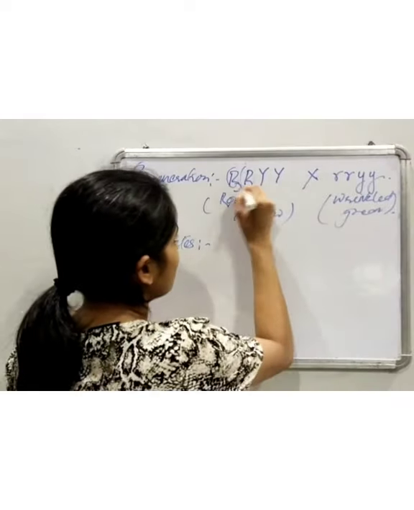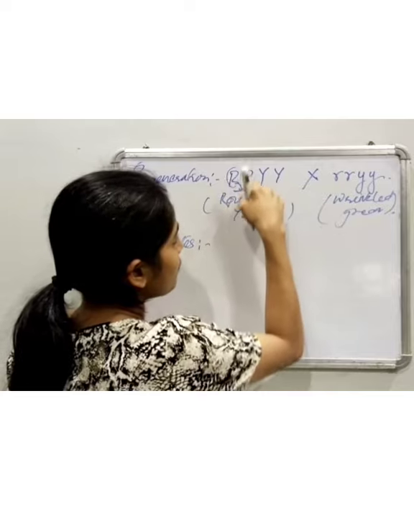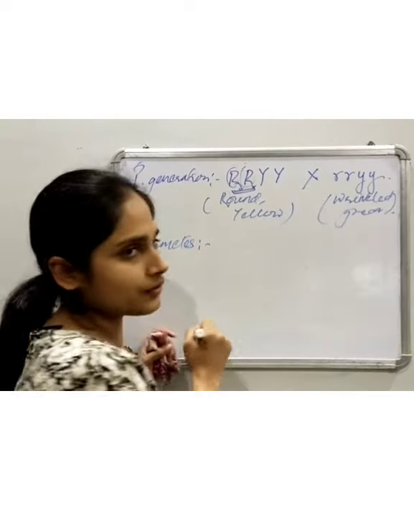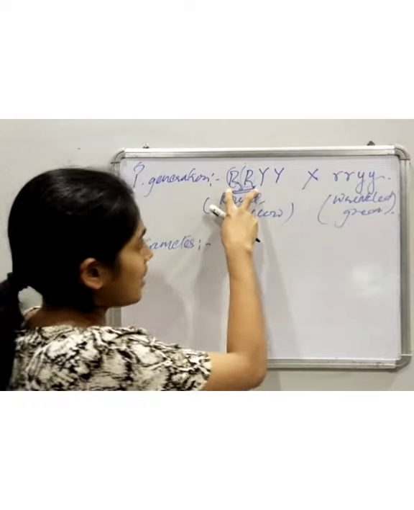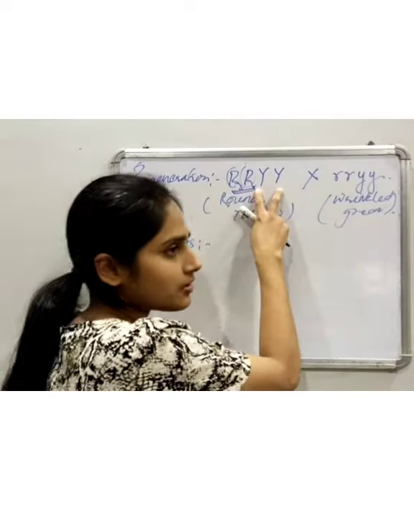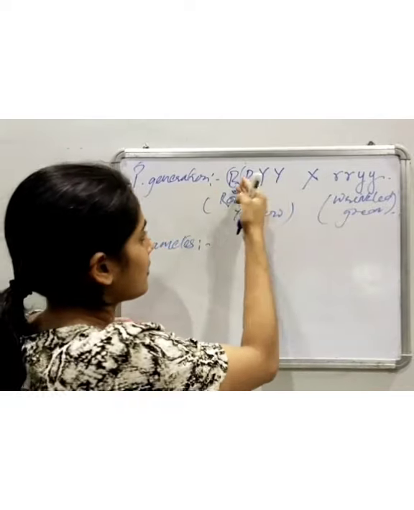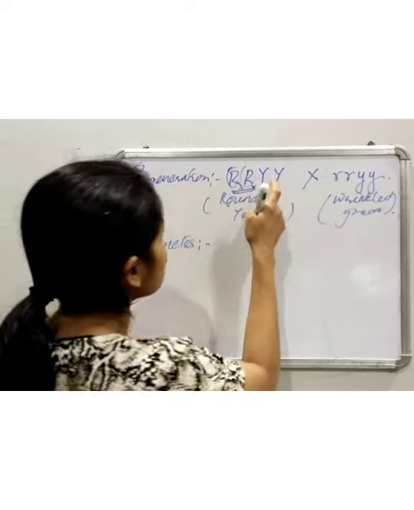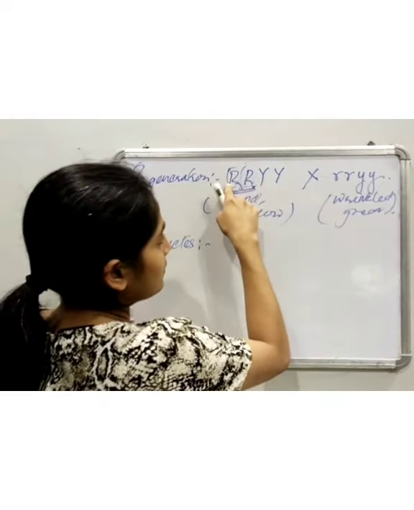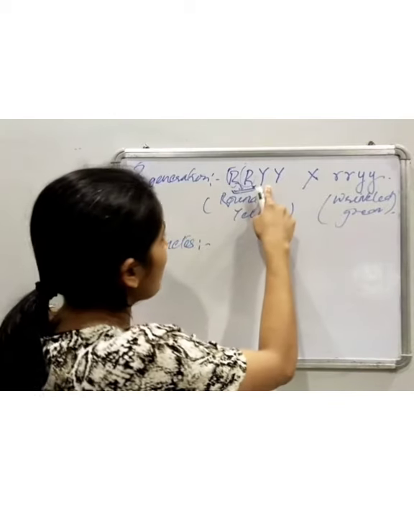During gamete formation, the segregation of the factor controlling seed shape and the factor controlling seed color will be independent of each other. Because it's a dihybrid cross, one of this and one of the other, that's how the gametes will be formed.